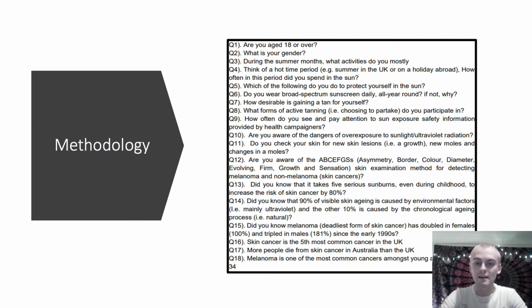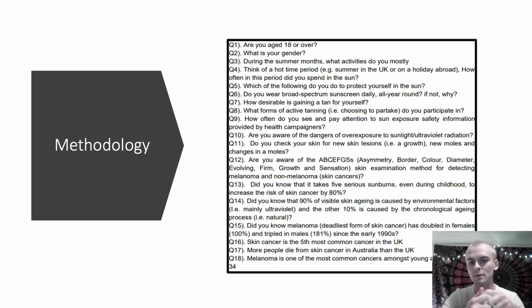On the right is a list of questions that I asked my primary sample group, and this was my main sample group that I wanted to get the most data from, and I did this via SurveyMonkey. I had inclusion and exclusion questions, and if you answered the exclusion question wrong, you would automatically be taken out of the survey, such as, are you age 18 or over?